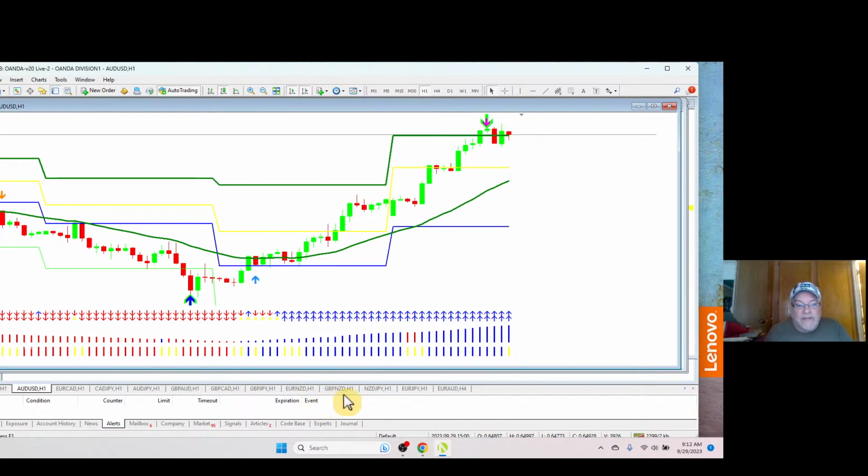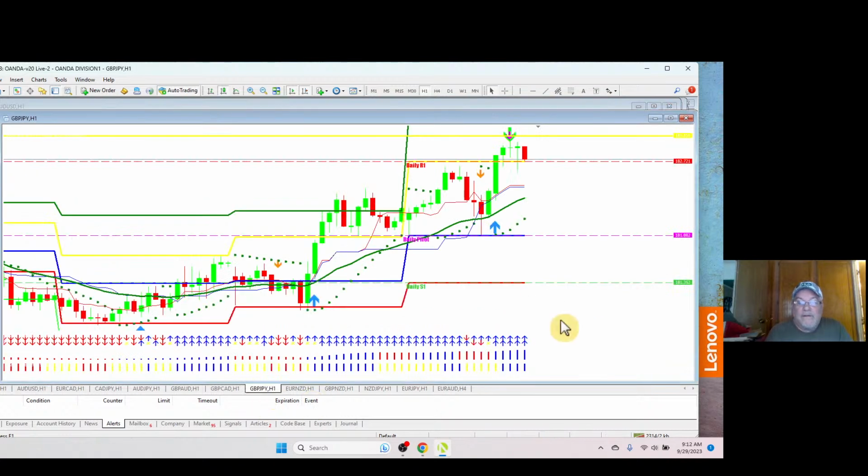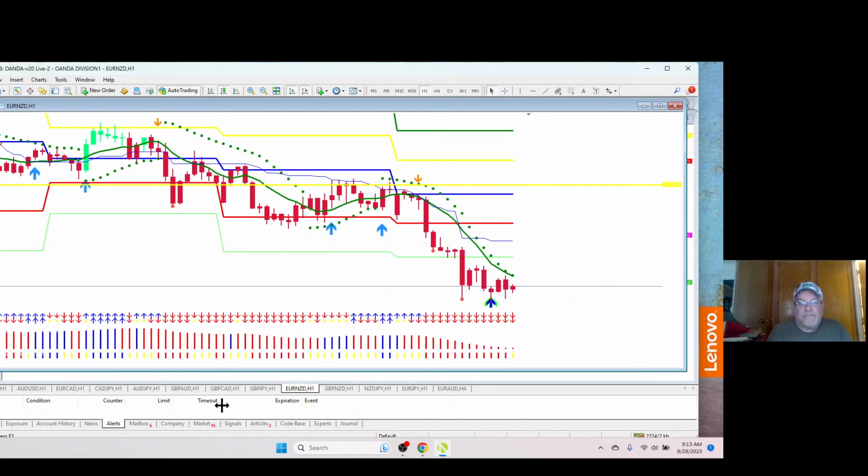But I think it's trying to go down now. Yes, it is. I'm okay with that right now because I don't think this is done to the upside. I mean, it may come down a little bit more, but it looks like it's not done to the upside.